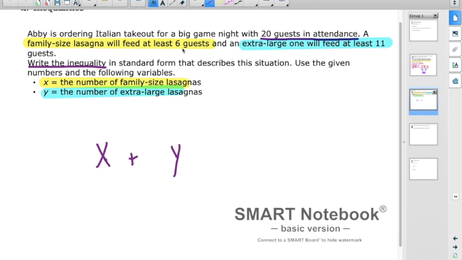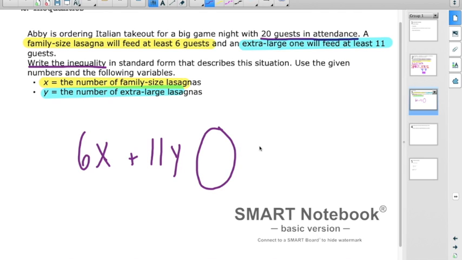Family-sized lasagna will feed at least 6 guests. So that means that I should attach the 6 to my X. Extra large should feed at least 11. I'll attach the 11 to my Y.